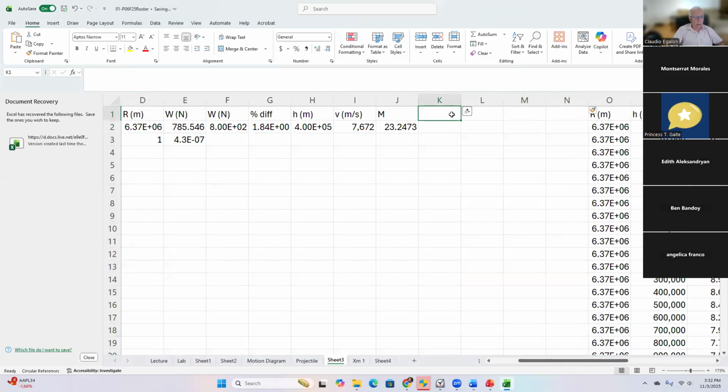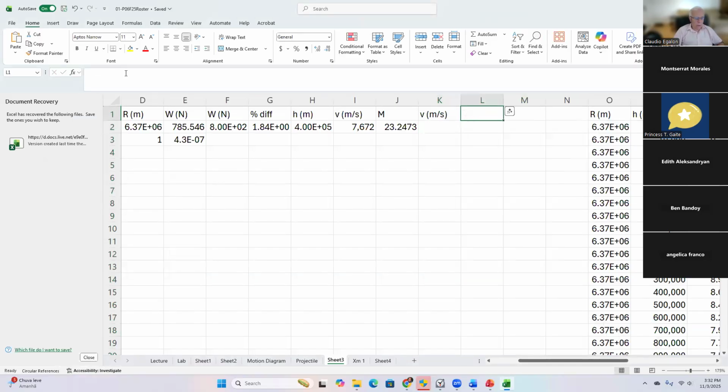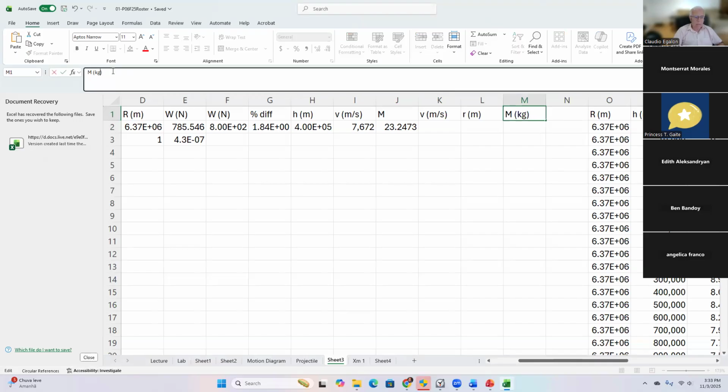We have the v, which must be in meters per second. We have the radius, and we want to find the mass of this object. I suspect it's a black hole, but let's do the math.